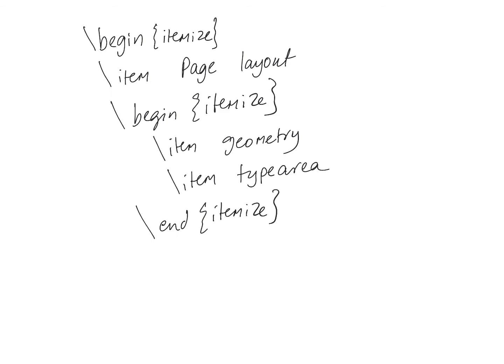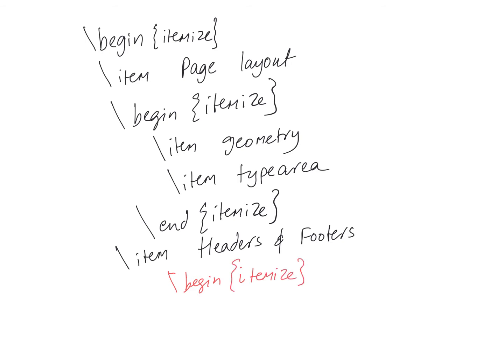And then let's make another one. Item, headers and footers. And then begin itemize. Just put it in red too. And end itemize.